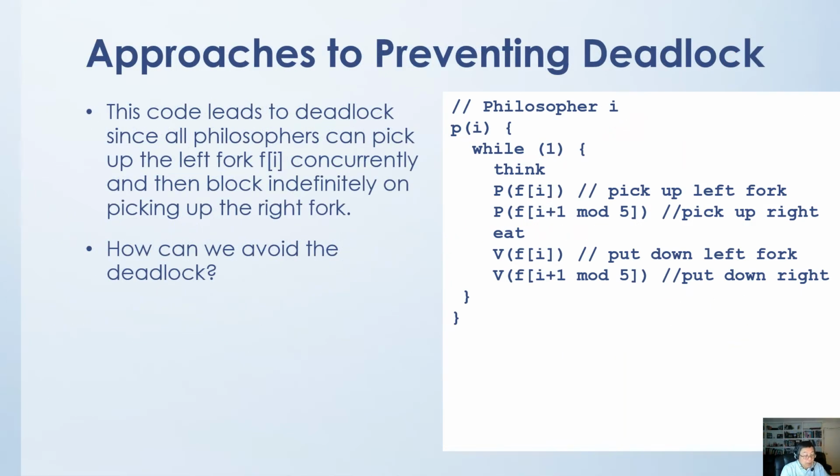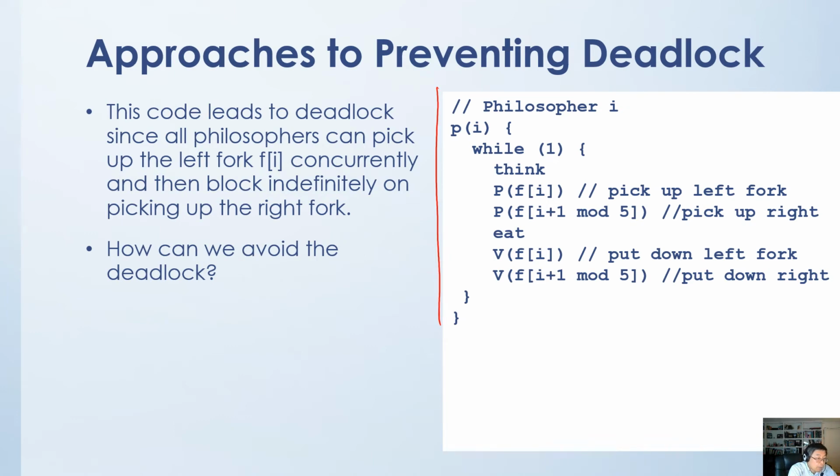Using this semaphore, it is guaranteed that if a philosopher is in the eating state, the two neighboring philosophers cannot pick up the forks and eat. So this is good. However, the code that we provide, using the semaphore, can lead to deadlock. Why is that the case?